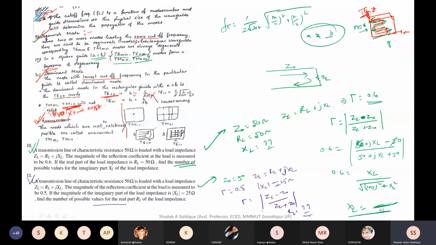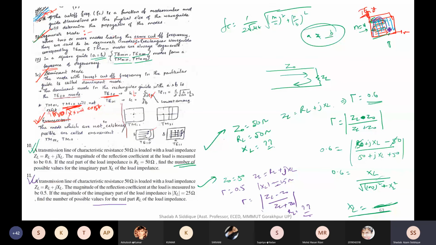Now the question is, can I have another type? Can I have the wave which is traveling like this? So I'll represent the wave front in this way. So can I have this one?